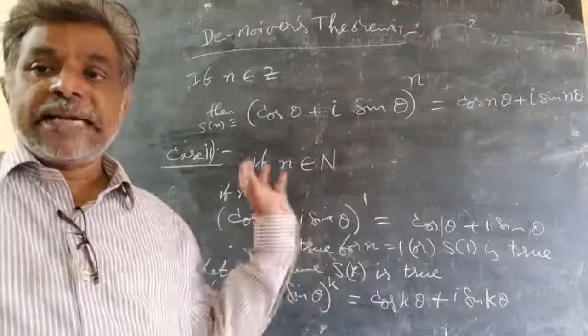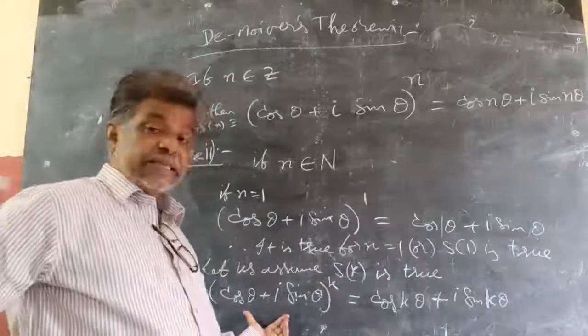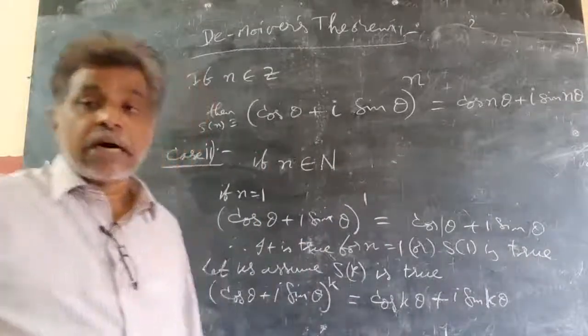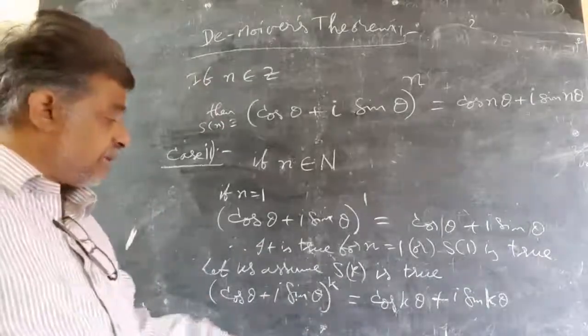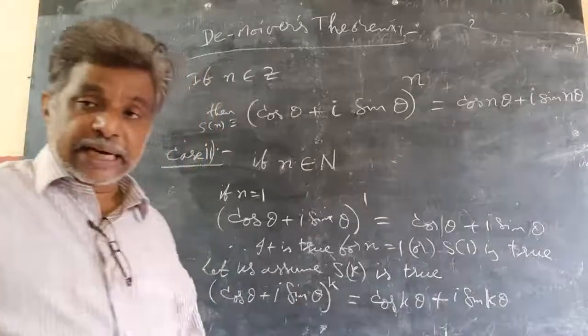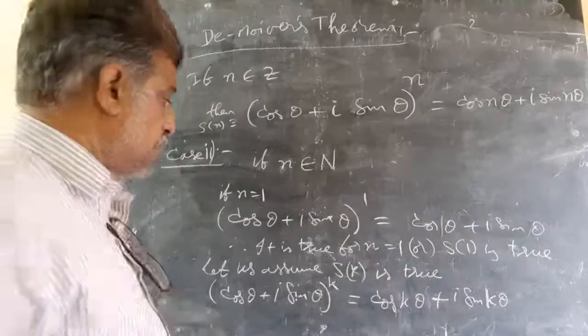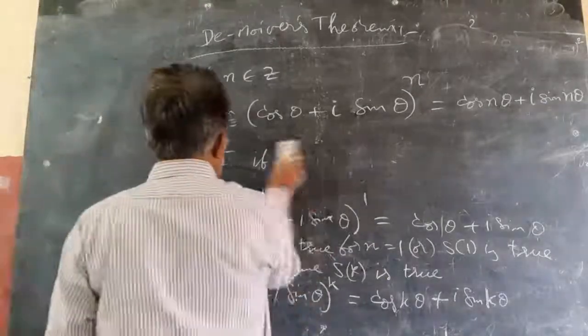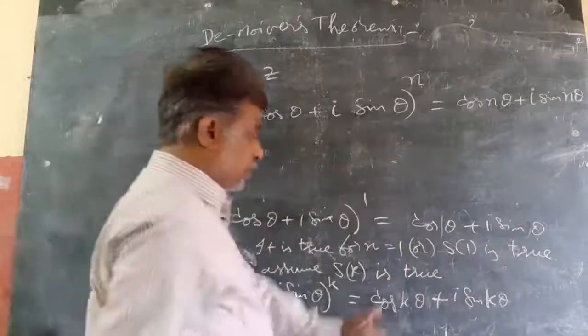Now multiplying on both sides with cos theta plus i sin theta, so that I will get it is true for n equal to k plus 1. I am taking it is true for n equal to k. I am going to prove that it is true for n equal to k plus 1. For that, I am assuming it is true for n equal to k.